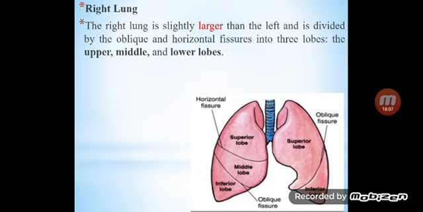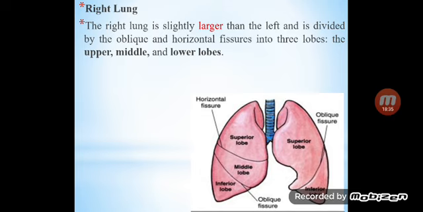The right lung is different from the left lung. There are some differences between them. The right lung is slightly larger than the left one. There are two fissures in the right lung: first the oblique fissure, second the horizontal fissure.